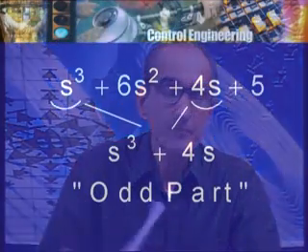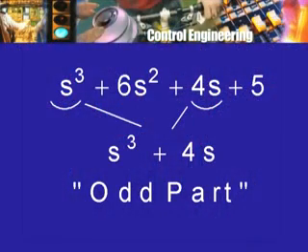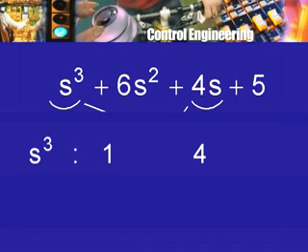So, for the polynomial that I started with, namely s cube plus 6s square plus 4s plus 5, starting with the highest power, I will get s cube plus 4s, and so I will start writing my table or array in this fashion. Since the highest power is s cube, I am going to write here s cube on the left hand side, and then I am going to put two dots here.